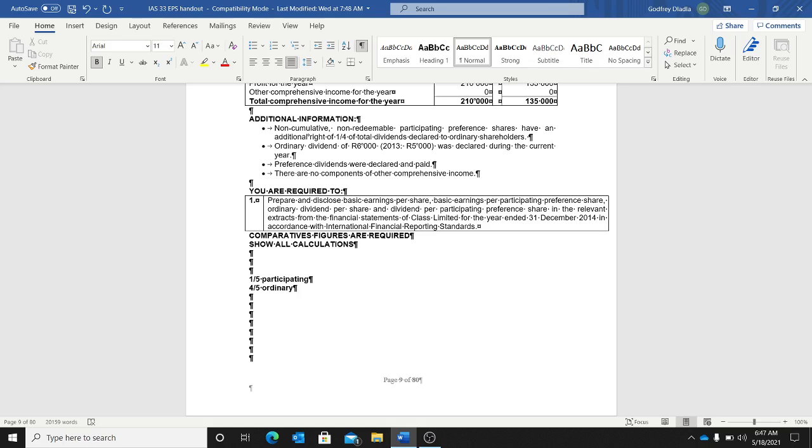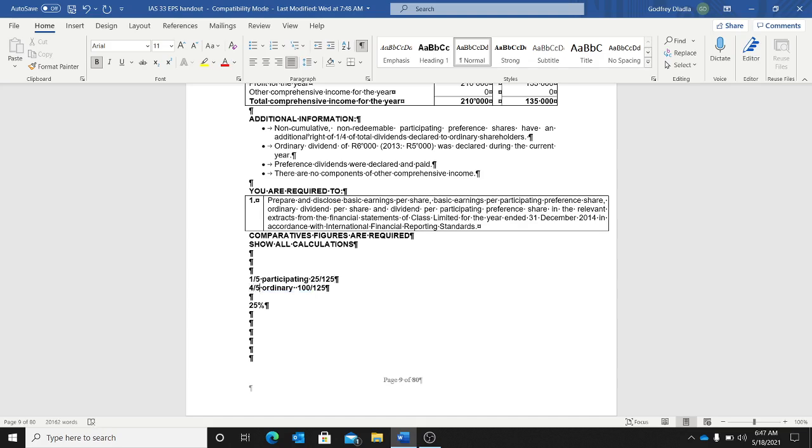Now, that can be expressed as a percentage. If they said it was 25%, what you're going to say is participating is 25%, plus 100. These ones are always 100. So it's 100 divided by 125, and these ones are 25 divided by 125.